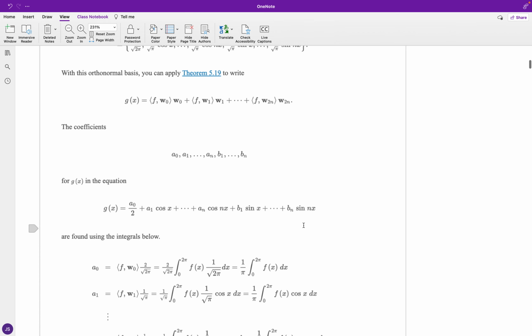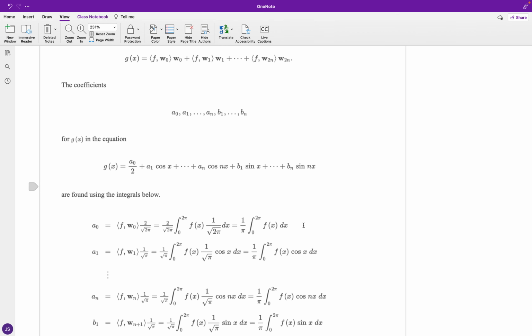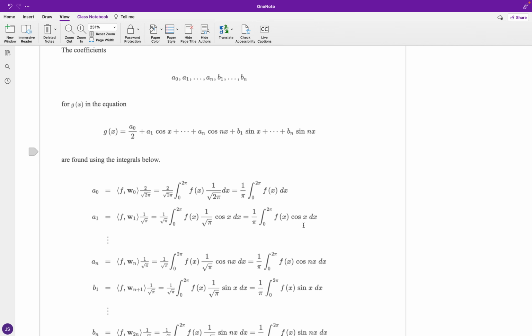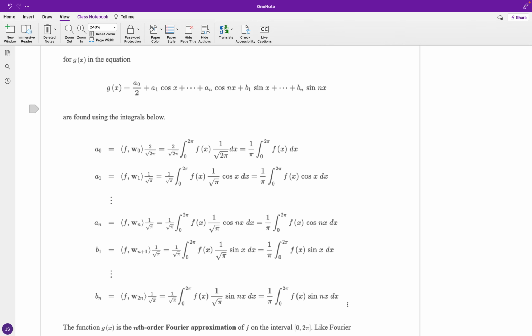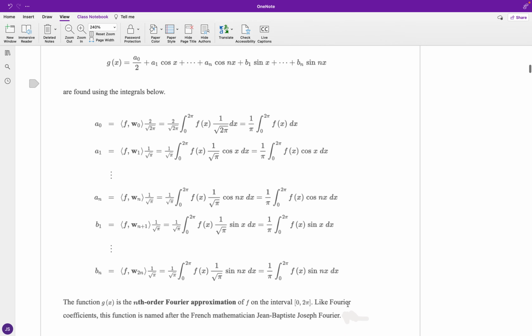And the foundation for a_0, a_1, all the way out to a_n comes from the Fourier integrals.